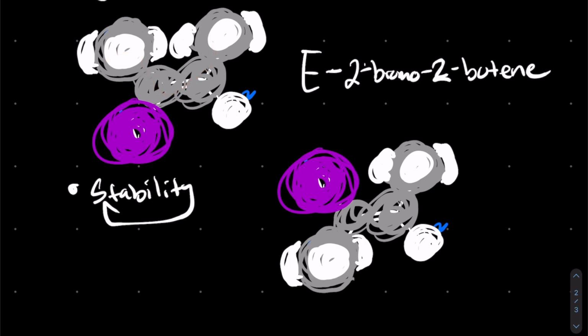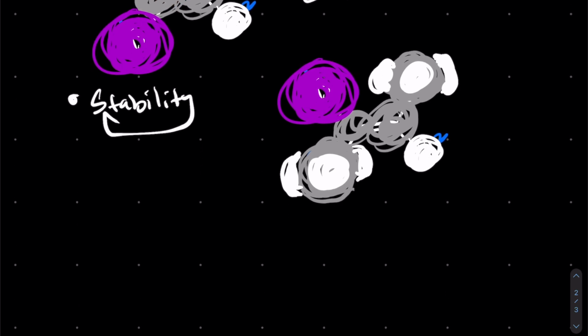So when you look at stability, you tend to think trans is more stable than cis. And cis and trans configurations usually come simply because the larger group is usually a CH3 or some sort of carbon, because carbon has stuff coming off of it. But don't be fooled by the fact that halogens, while they're big atoms, don't have stuff coming off of them. So that's just a little caveat for you.